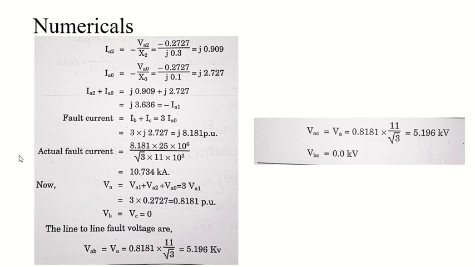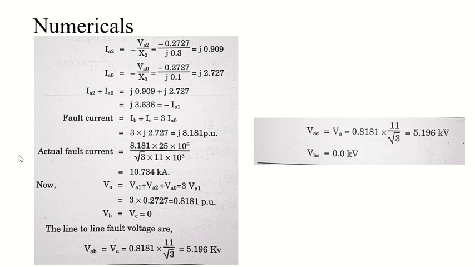Now remember, in double line to ground fault, what was the case? The addition of two line currents was equal to the third line current. So in the symmetrical components, the addition of ia2 and ia0 will be equal to minus ia1.